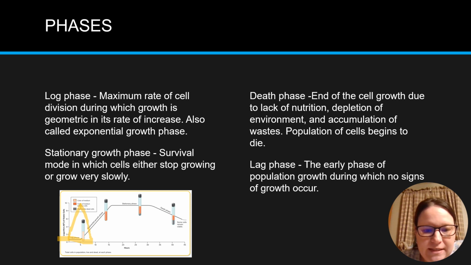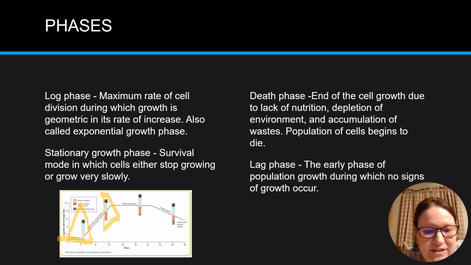The next one is the log phase, and it's the maximum rate of cell division during which growth is geometric in its rate of increase. Also an exceptional growth phase. So this is this one.